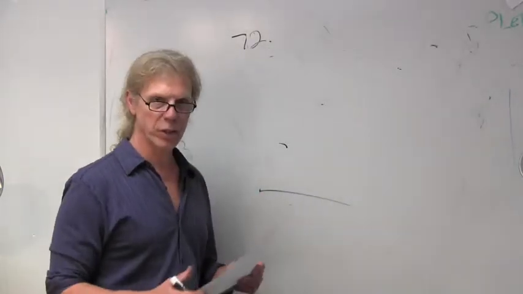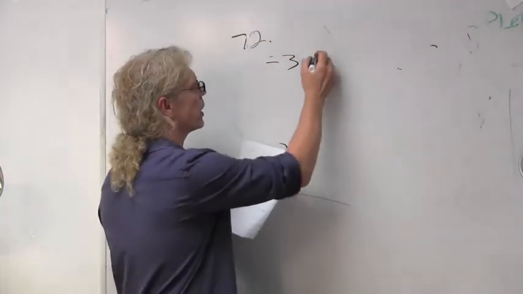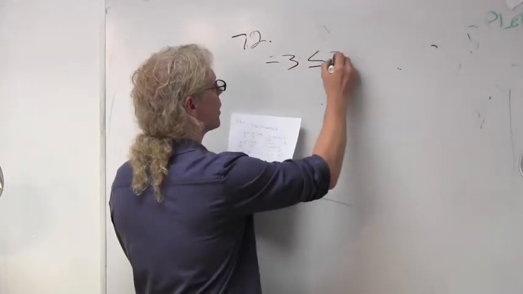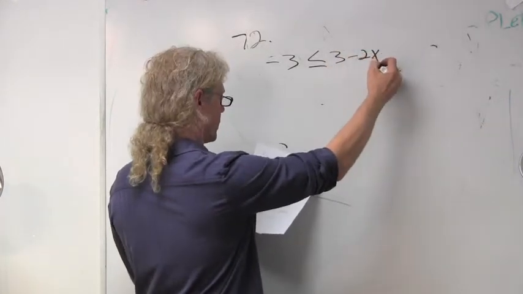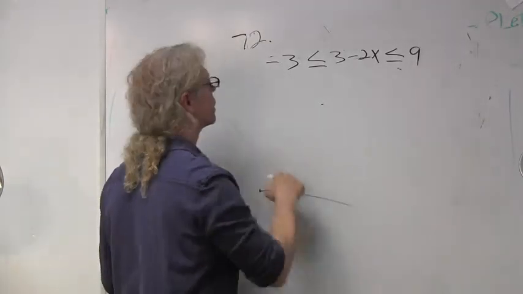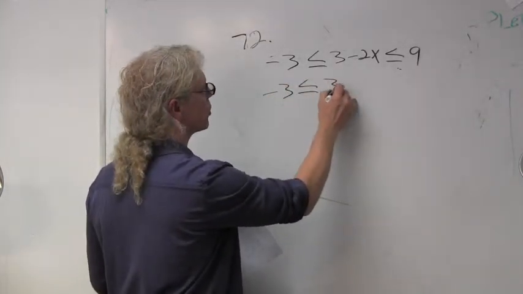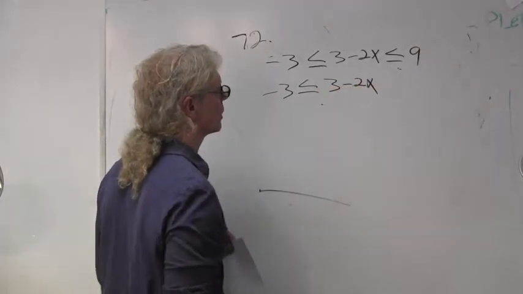We'll do number 72, which reads, -3 is less than or equal to 3 minus 2x, which is less than or equal to 9. Left-hand side, we will write -3 is less than or equal to 3 minus 2x.